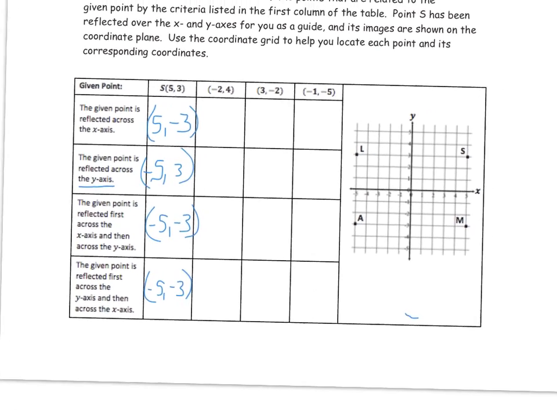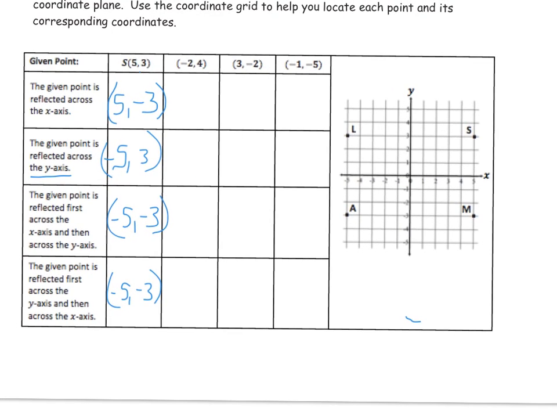Let me make it a little bit smaller. So we started right here with our S, and then we reflected over the x-axis. So M, over the x-axis, was still 5. The x-coordinate was still 5, and the y-coordinate became its opposite.